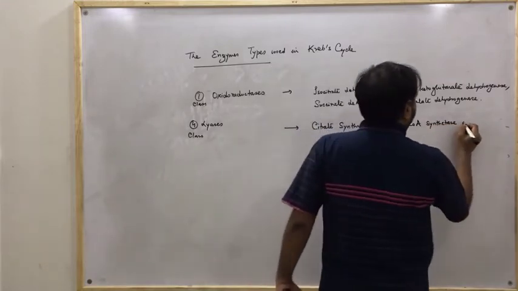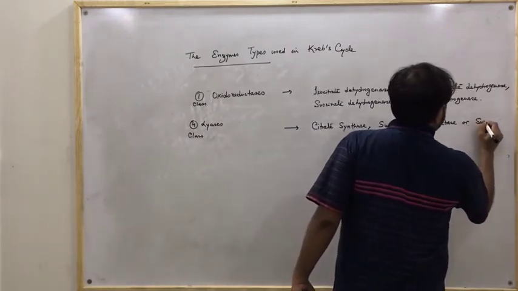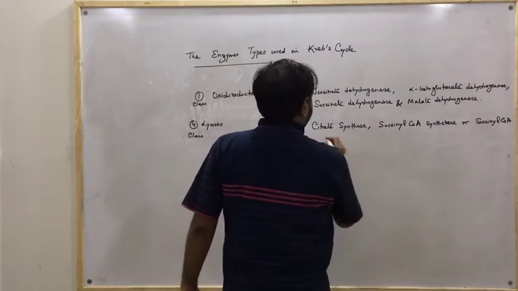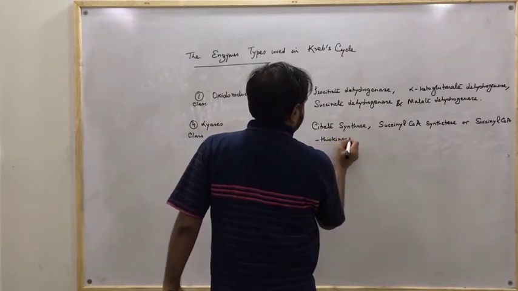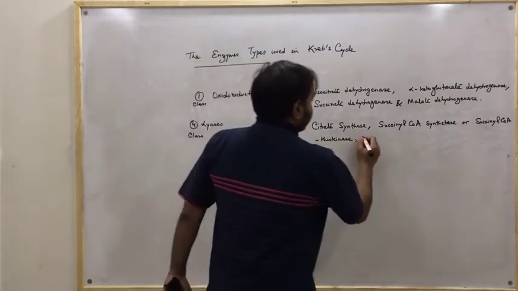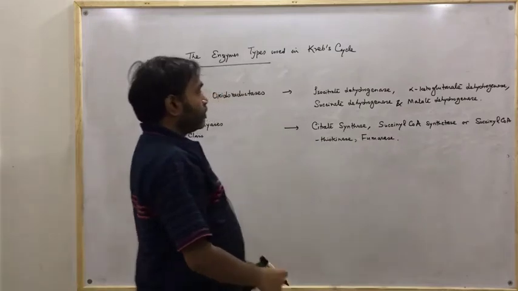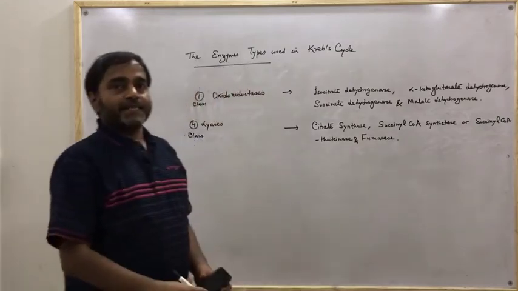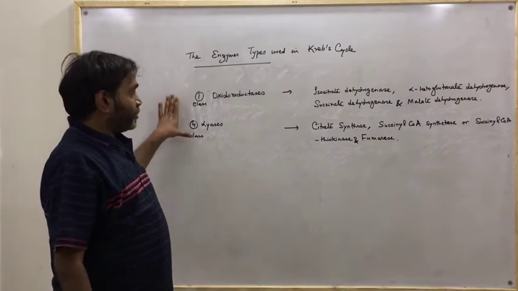Its other name is succinyl CoA thiokinase. And one more enzyme which belongs to this category is fumarase. So these enzymes together come under the category of lyases. That's why this is the fourth class of enzyme which we have mentioned.